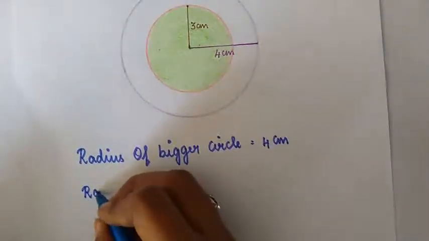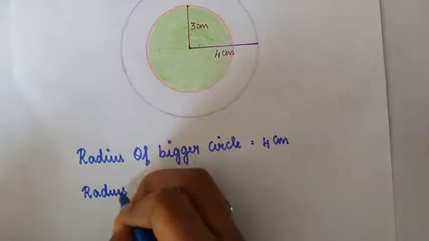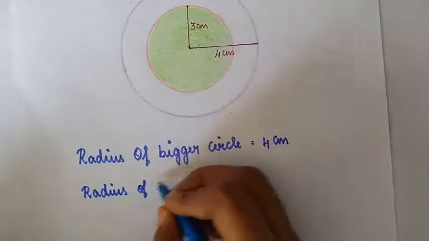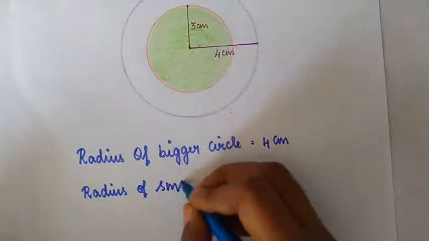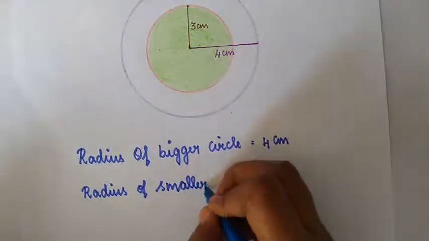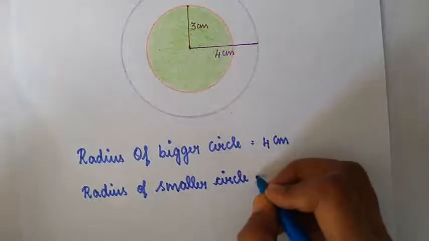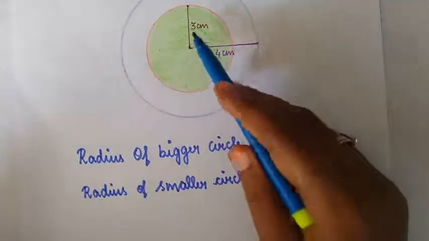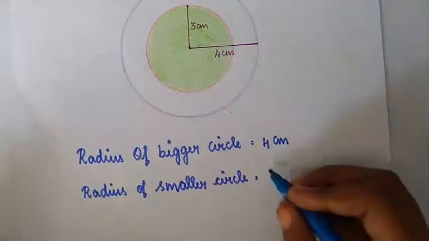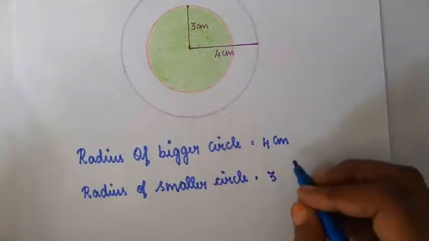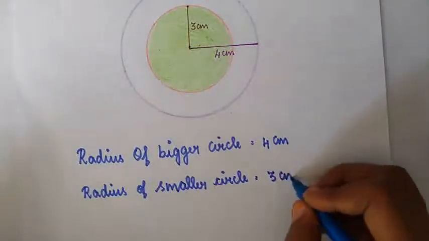Then the radius of the smaller circle, what is the radius of this smaller circle? 3 cm. The inner radius of the circular sheet is 3 cm.